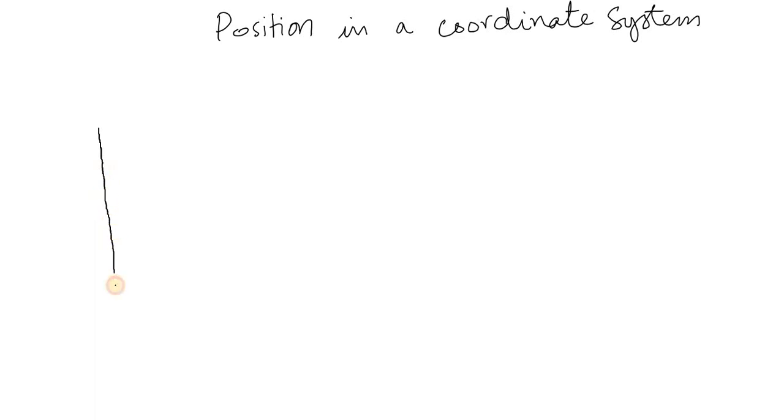Position in a coordinate system. Let's say we have a two-dimensional planar coordinate system, and here we call it A, with x of A and y of A. Let's say we have a point P, and how can we define the position of this point in this reference frame?